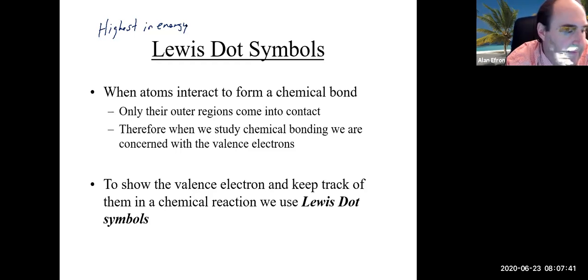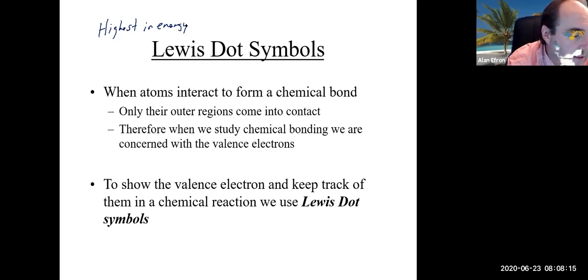They're able to be gained, lost, or shared. So if you think about bonding, think about electrons on the outside of the atom. When two atoms come together, those are the first things that come in contact with each other. This results in the two types of bonding we will see in this chapter: ionic bonding and covalent bonding.